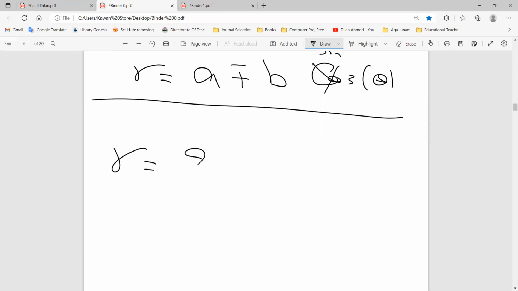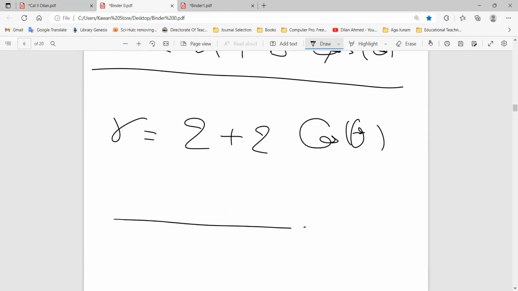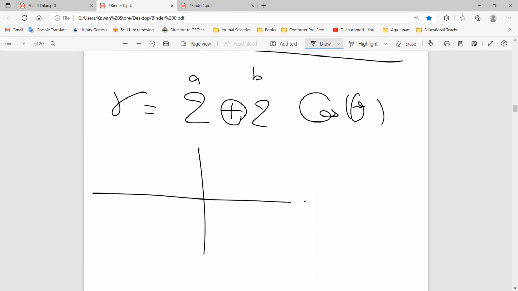For example, 2 plus 2 cosine theta. I think we saw that one in the previous lecture. So I have A and B, absolute A, absolute B, without counting the operation between them. Just I want A and B. Okay. I say A plus B equal to what?